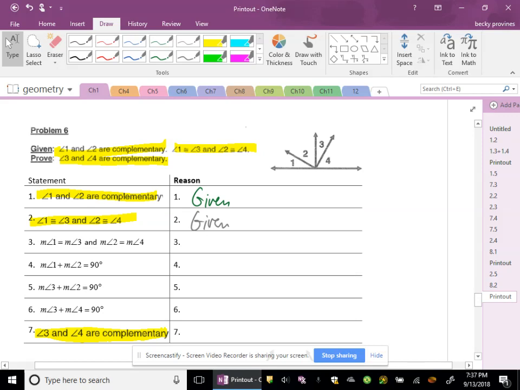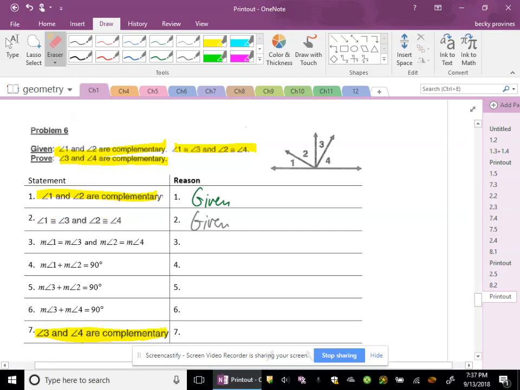Okay, step number 3 is a tricky one. Let's take a look. Now, do you guys agree? Actually, it's not a tricky one. That was a lie, sorry.